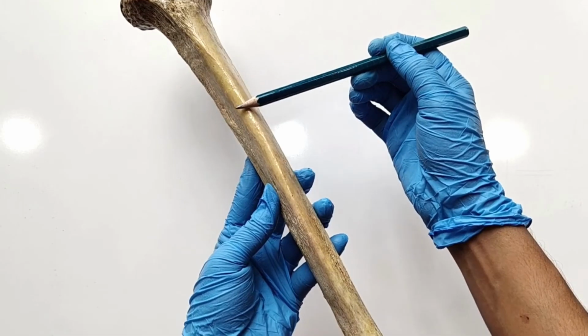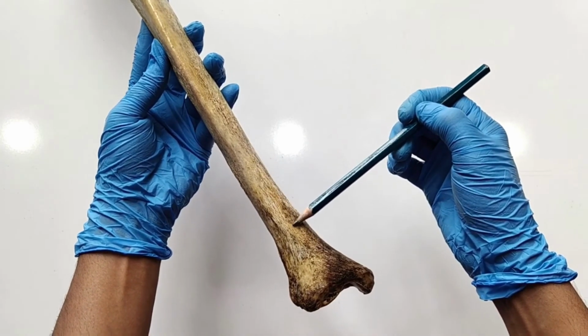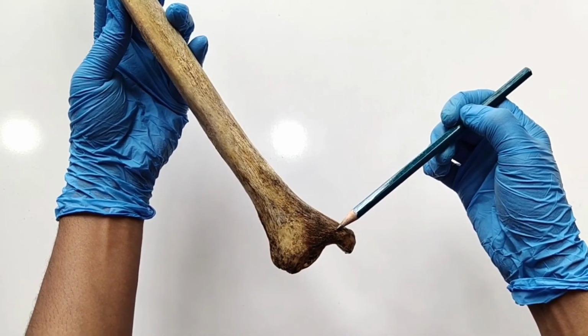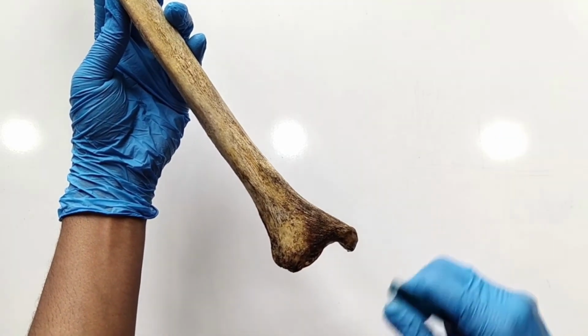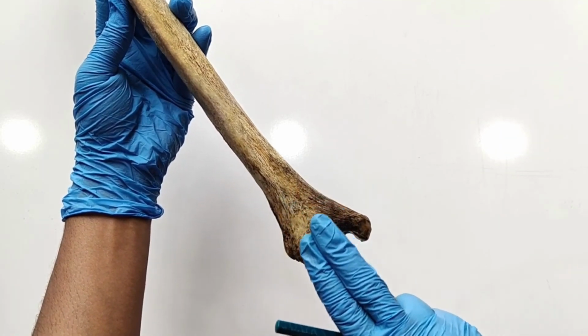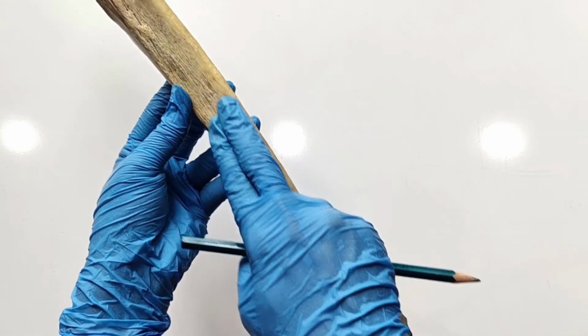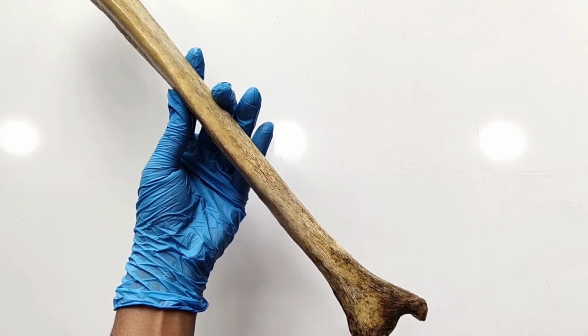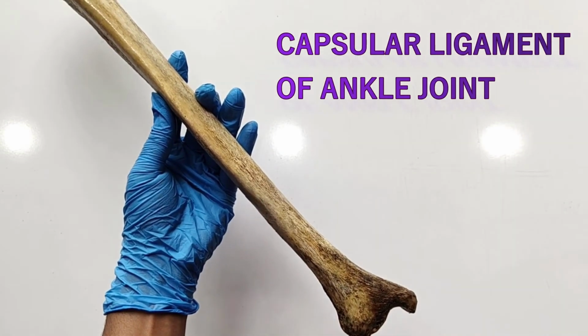So the anterior border down here deviates to the side of the medial malleolus so as to become continuous with the anterior border of the medial malleolus. That is how this anterior surface becomes continuous above with the lateral surface of the shaft. Now the anterior surface gives attachment to the capsular ligament of the ankle joint.